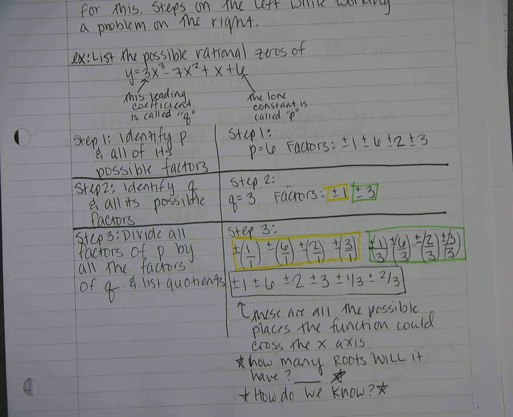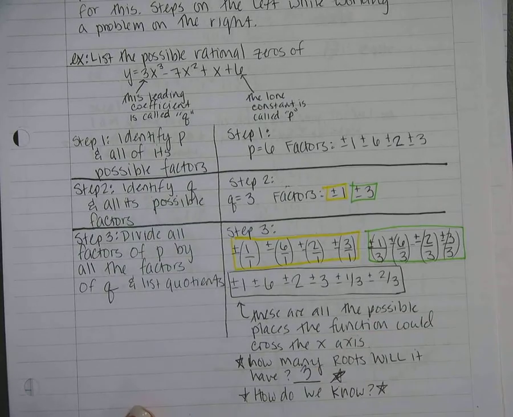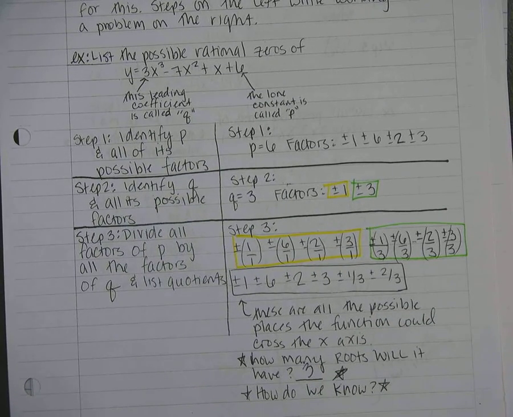How many roots will it have for sure out of this amount? Does anyone know? I hope y'all are actually answering and trying to figure it out. It's going to have 3. The reason I know that is because it's a cubic function. The highest exponent on a variable tells us how many times it's going to hit the x-axis.